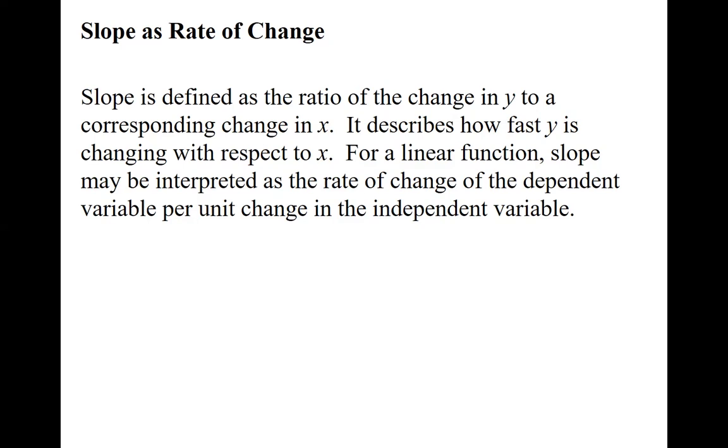Recall that the independent variable is x. Y is the dependent variable because y is dependent on x. X is the thing that we change. X is the thing that we input into functions. Y, the function value, is the output. It's dependent on the input. You could also remember input, independent. That seems pretty straightforward.